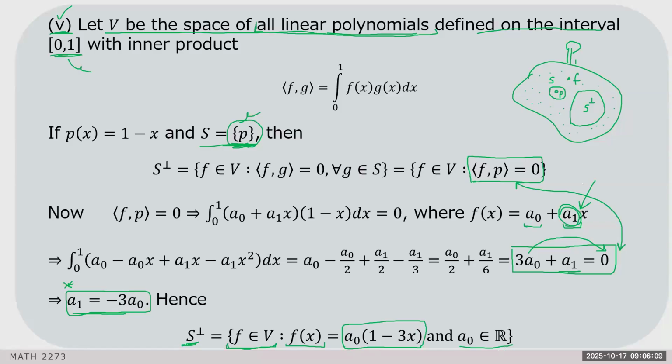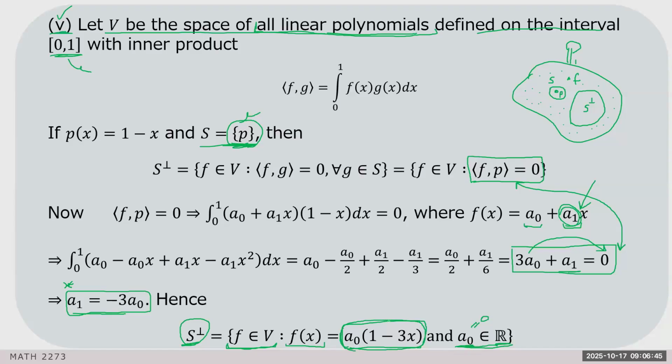Okay, so in this case, the orthogonal complement of S does contain the 0 vector. If I set A0 to 0, I will get the 0 vector. The 0 vector is always in the orthogonal complement. But we see it actually contains an infinite number of vectors. Any value of A0 you put, any real number, so pi, 1/2, minus 100, any value of A0 generates a new vector in this set.